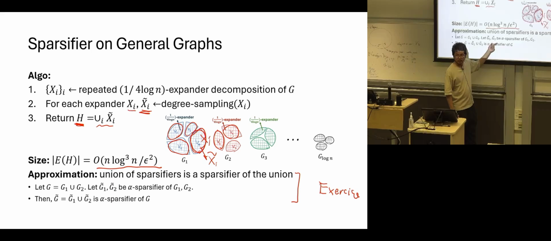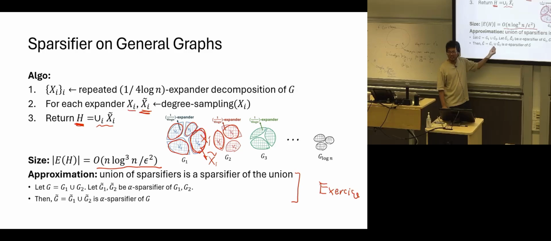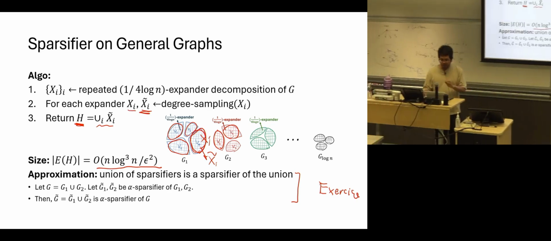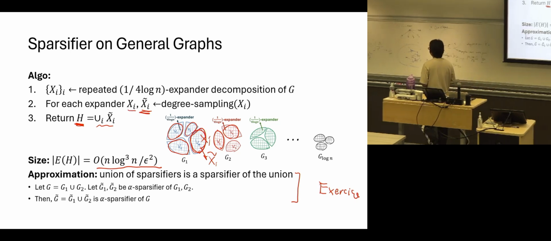Now if I union these sparsifiers together and call this thing G theta, then the claim is that G theta is an alpha sparsifier of G. Before I prove it, is the claim clear? Okay, so let me prove it.